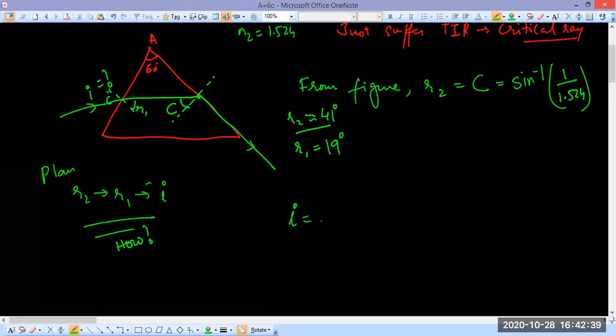I is equal to what did you get? You have to use Snell's law, everyone, to find I from R1. Nearly 30, right? Nearly 30 degrees.